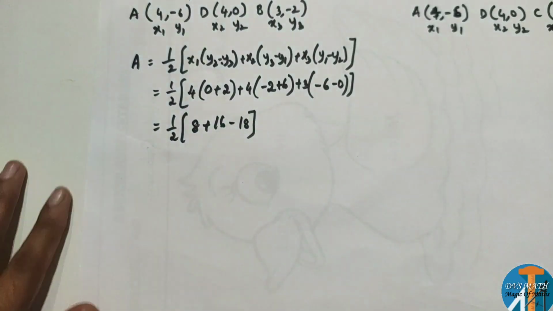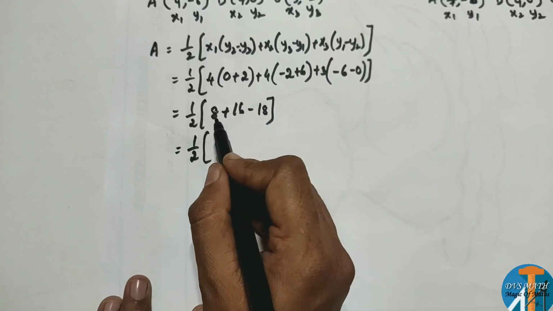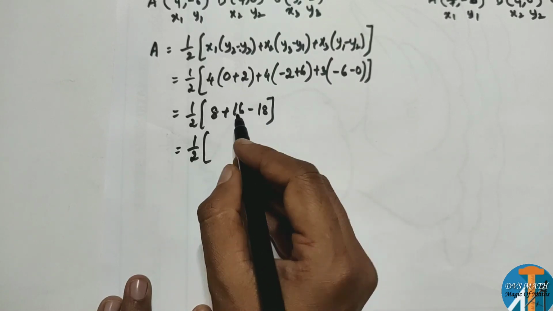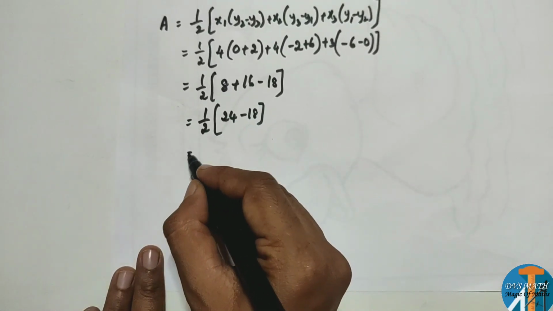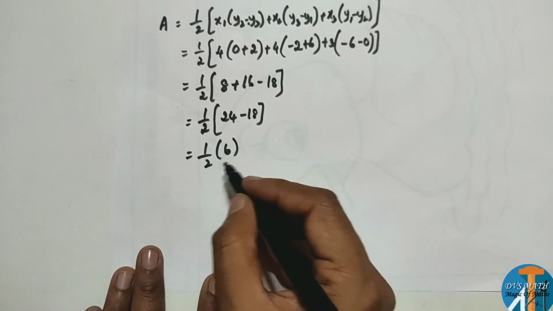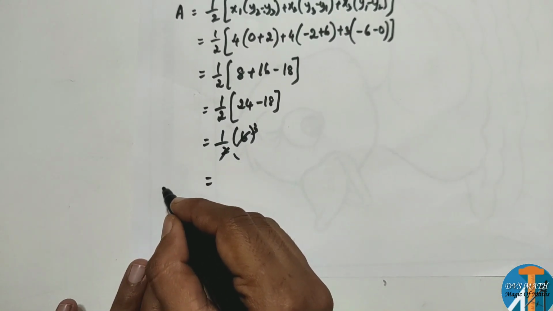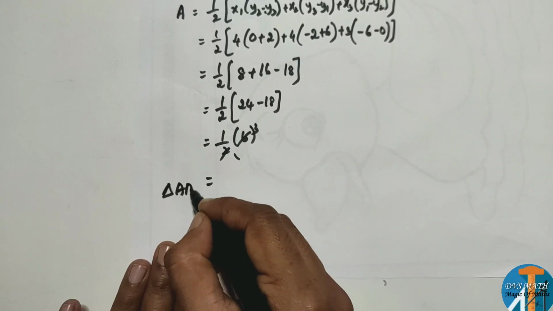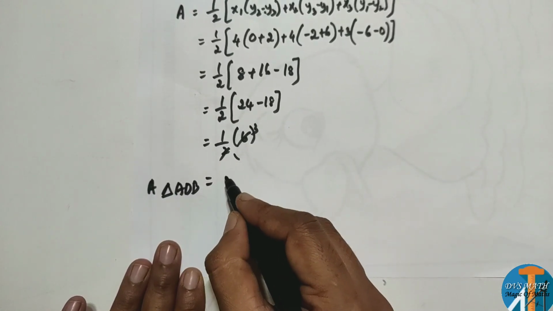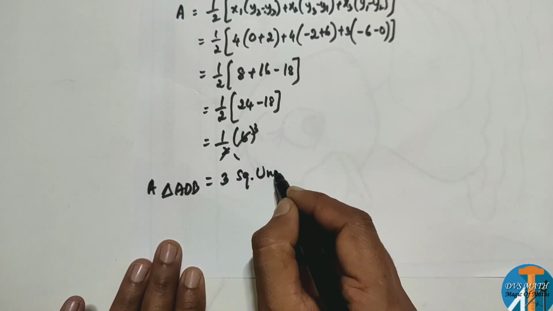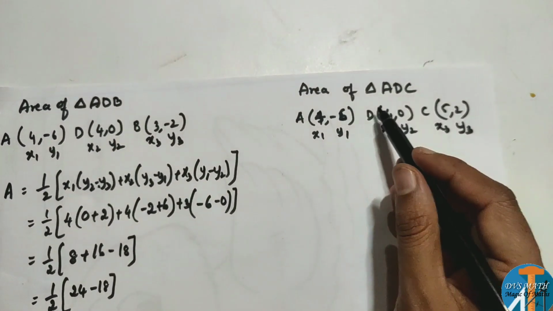Observe here, 8 plus 16 is 24, minus 18, you will get 6. Half of 6 is 3. So what is the area of triangle ADB? We are getting 3 square units. So now let's move on to ADC.